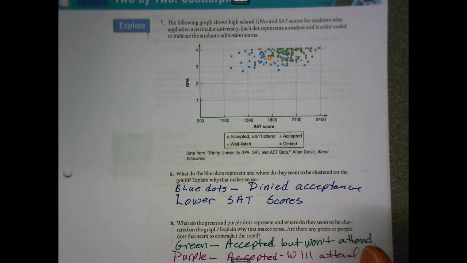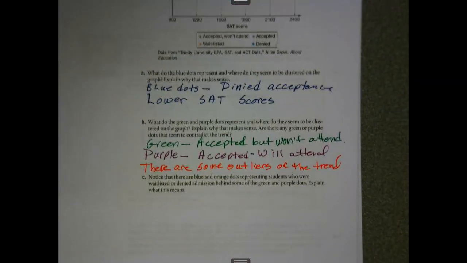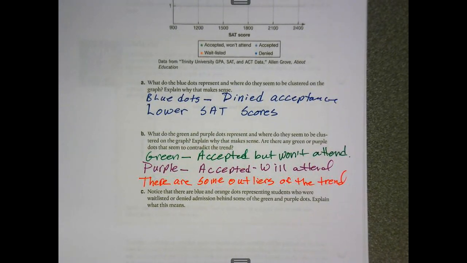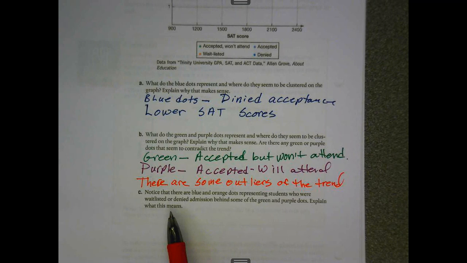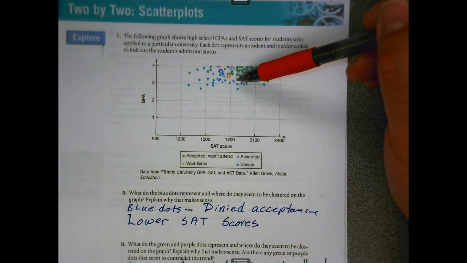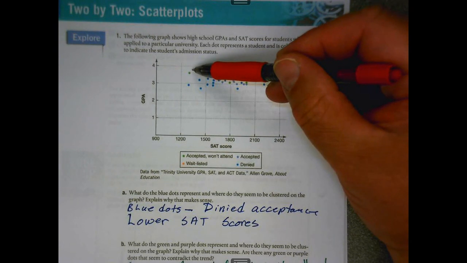Okay, C. Oh, I'm going to scoot this down a little bit. Okay, C. Notice there are blue and orange dots representing students who were waitlisted or denied admission behind some of the green and purple dots. So here's some orange dots that were actually ahead on their scores from these green dots, but were put on the waiting list.